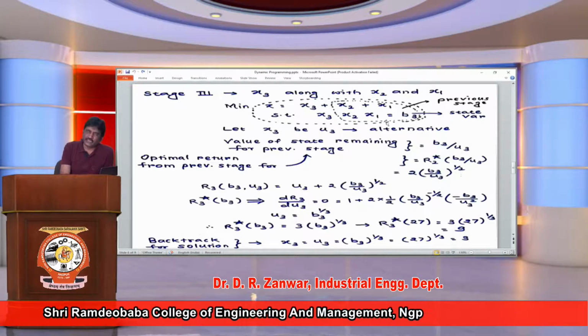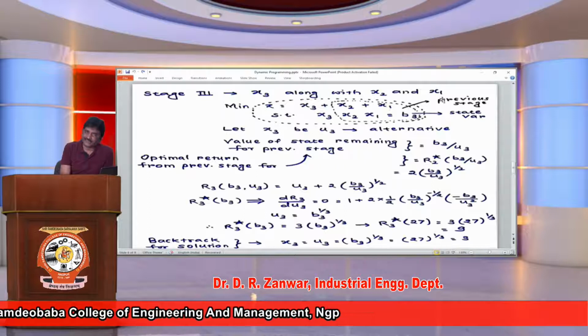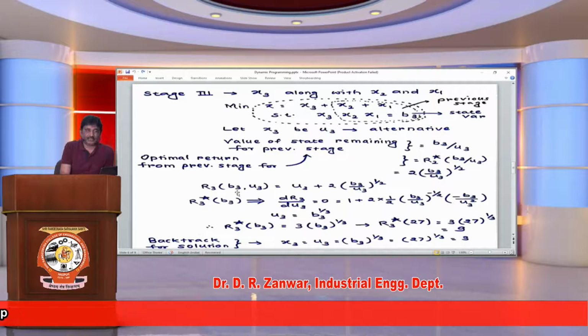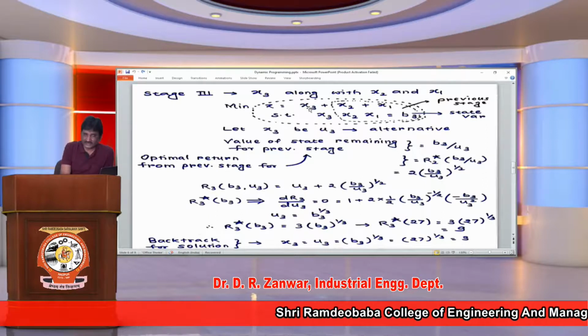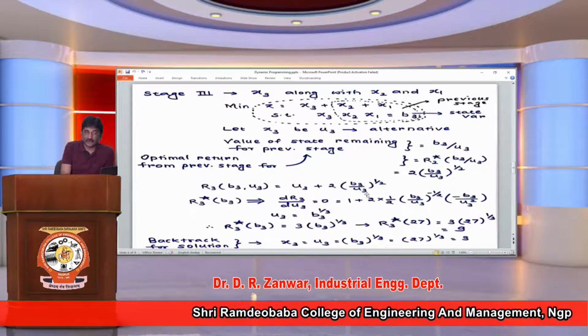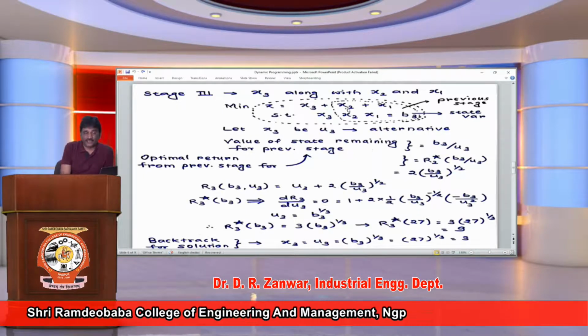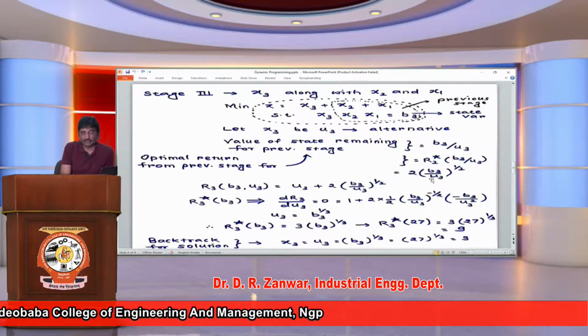Now I have the optimal return from previous stage. Now let us write the total return for the problem which we are dealing with in the current stage. So r3 for state variable b3 and alternative u3 is equal to u3, which we are substituting for x3, plus the optimal return for remaining value of state for previous stage, that is twice b3 by u3 to the power 1 by 2, which I am taking from here.